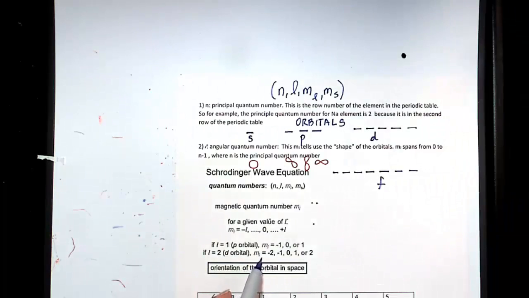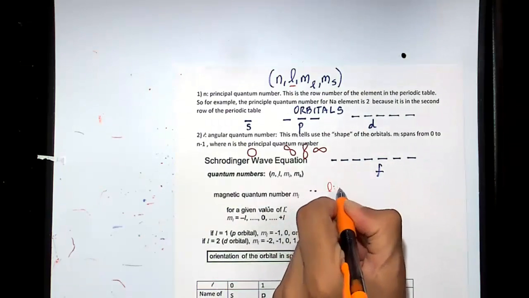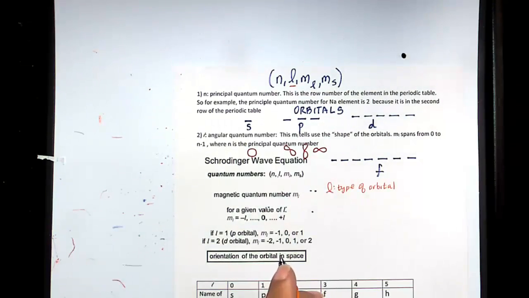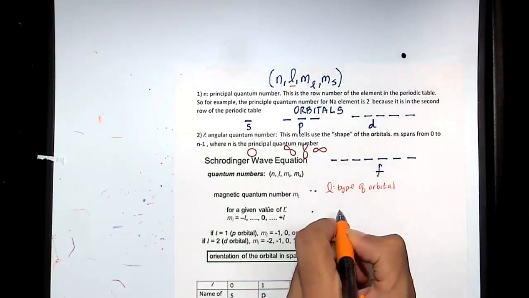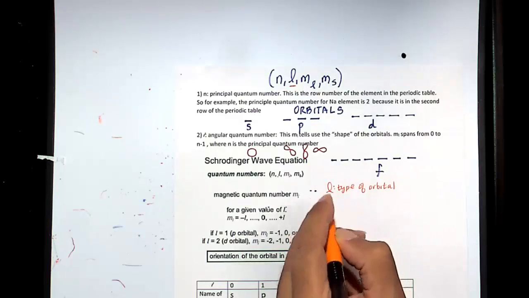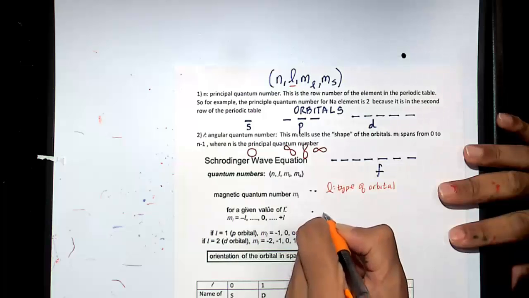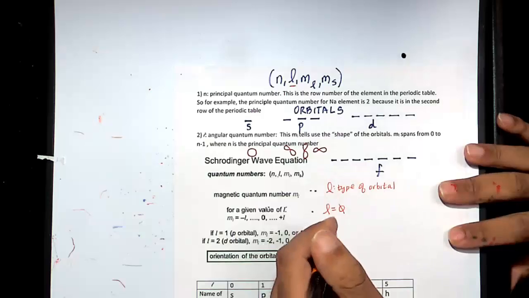So what is this l then? That's what I want to talk to you guys about, this l. This l tells you the type of orbital. You are going to have to memorize this code. If we're talking about an s orbital, remember the electrons go marching in, l is going to be 0.